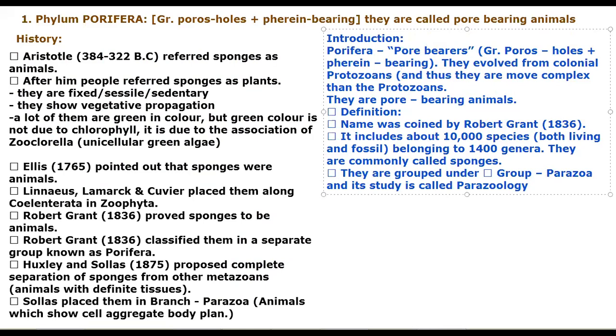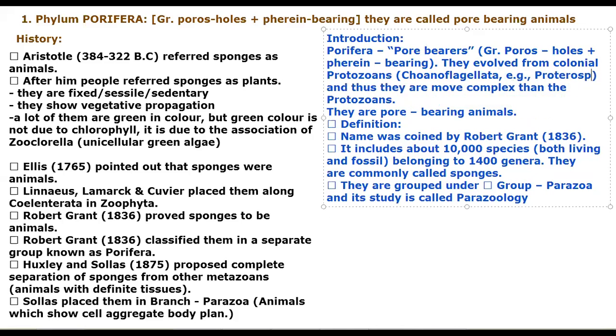They are called choanoflagellata, and an example is Proterospongia.